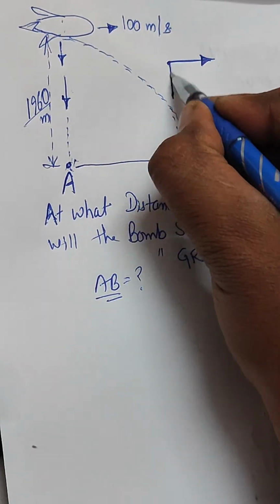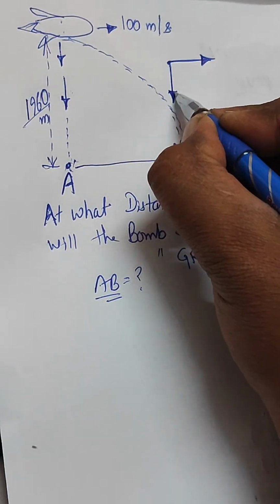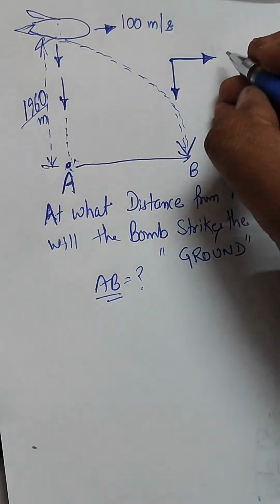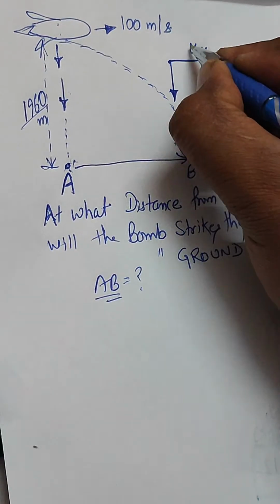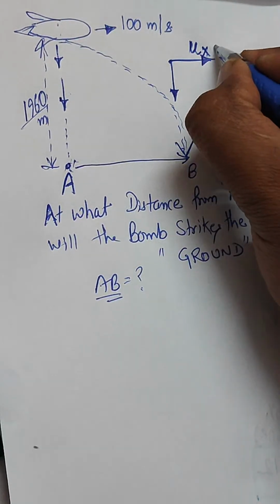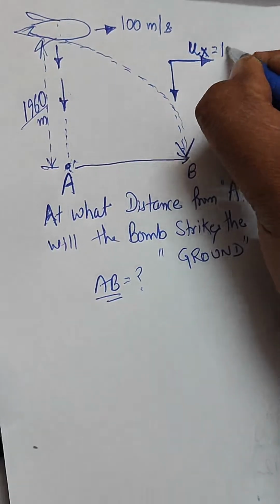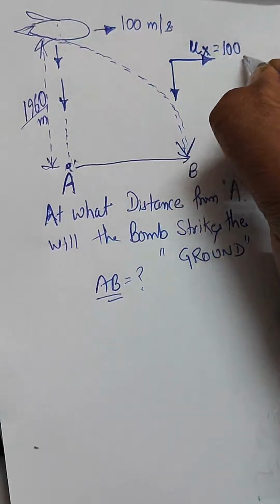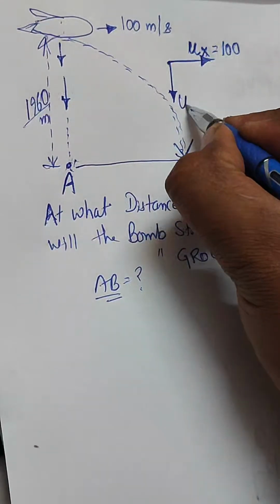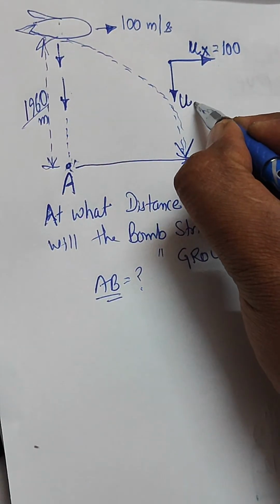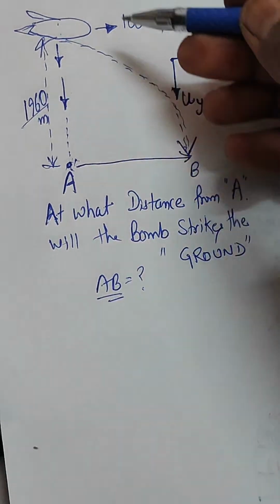If you consider the initial velocity and break it into components, this is the horizontal component of the bomb, which is just the velocity of the aeroplane, 100 meter per second.